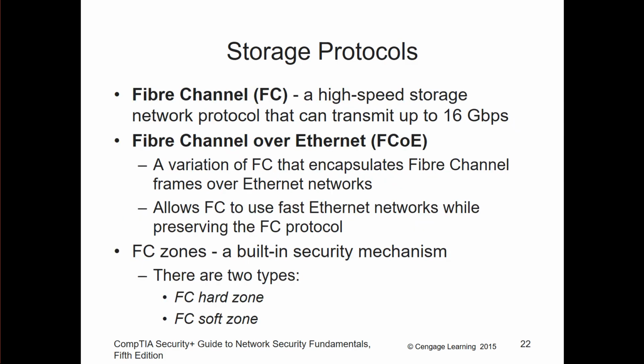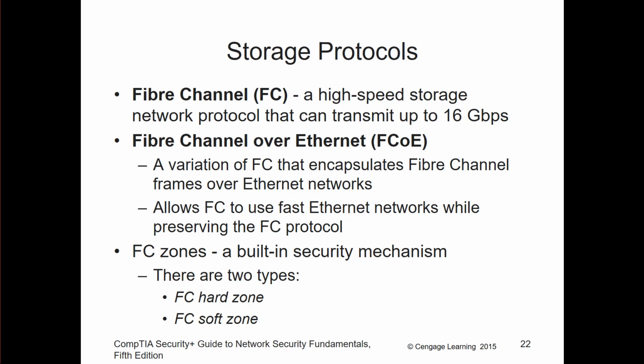Other protocols are Fiber Channel, though this is its own dedicated protocol with its own dedicated hardware. So the layer 2 technology here is not Ethernet, because you'll notice the second option is Fiber Channel over Ethernet, or FCoE. FC by itself is a different layer 2 protocol, so it's not Ethernet.